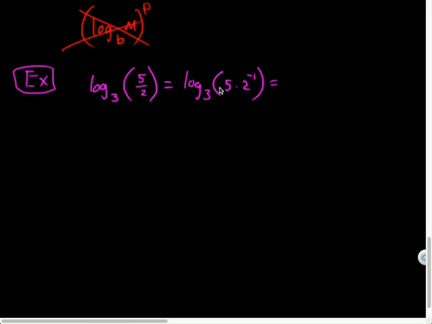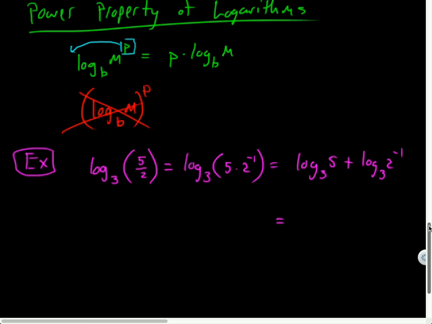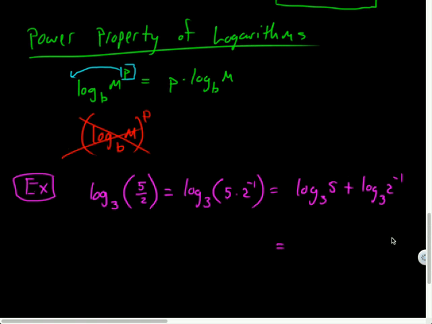So the log of a product is the same as the sum of two logs. So that's log base 3 of 5 plus log base 3 of 2 to the negative 1. And what property did we just learn a moment ago that would help us with this? What can I do here? Yeah, you got it, dude.